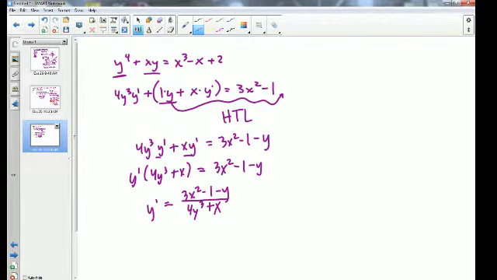Where is there a horizontal tangent line? What would I need to do to this fraction? Which part of it? When does a fraction equal 0? When the top is 0.